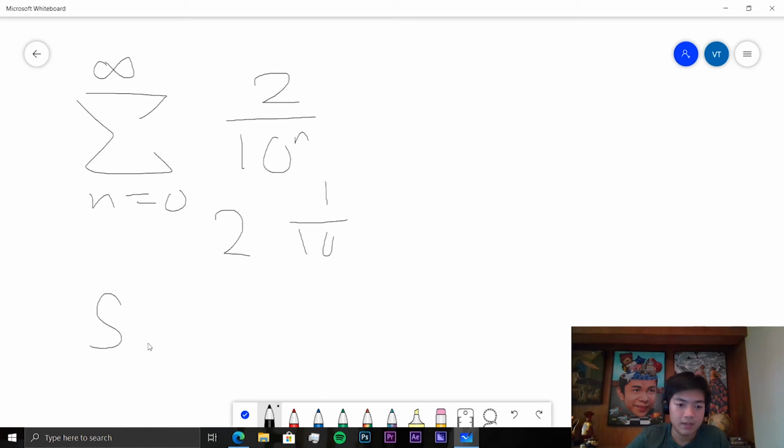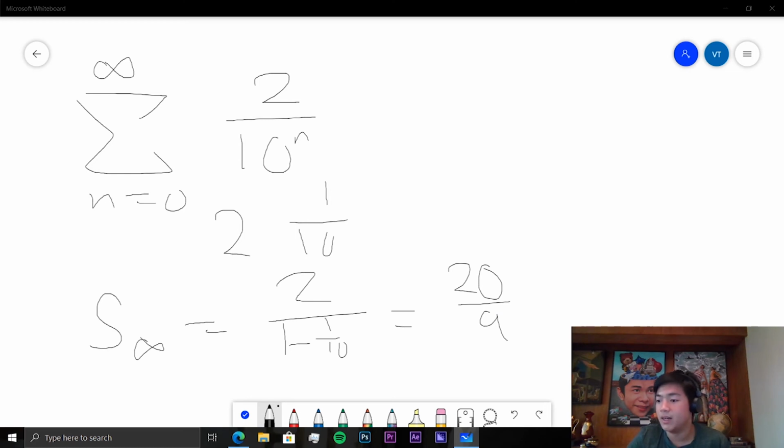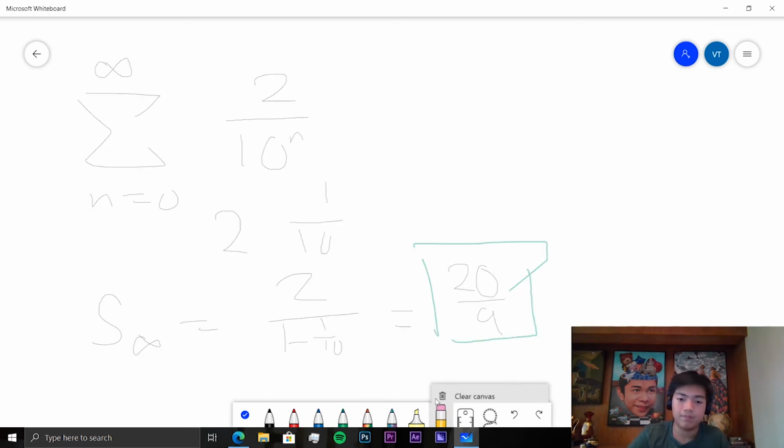So this would be equal to 2 over 1 minus 1/10, which is equal to 20 over 9, I believe. So yeah, that is correct. So this does converge, and it converges to the value of 20 over 9.